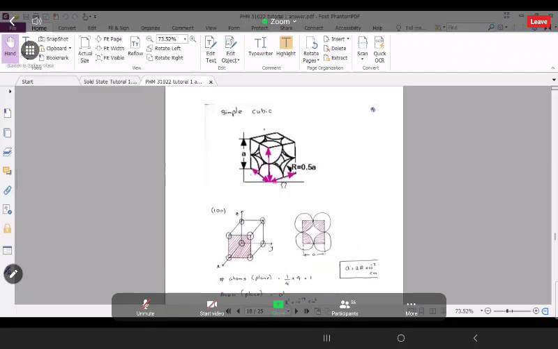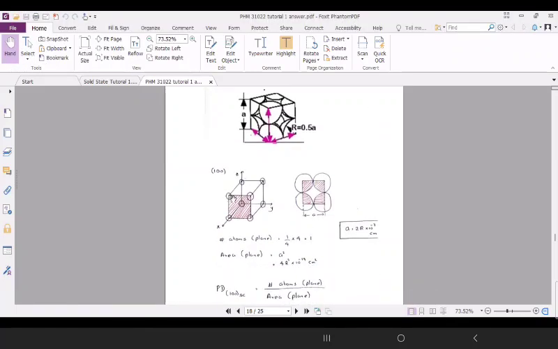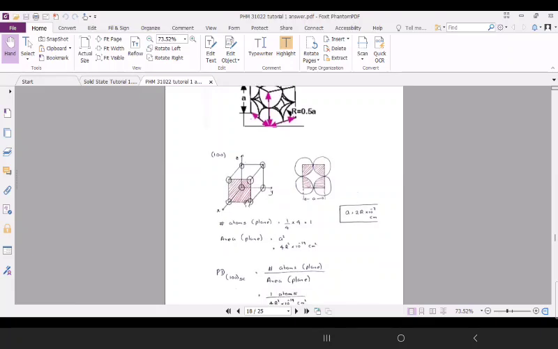See, for this simple cubic, you have to think about 100, right? 100 means you can get the axis sketch of this particular plane. As you all know, this resembles the plane coordinates, right? So using these plane coordinates 100, you can get the idea about the plane sketch like this.